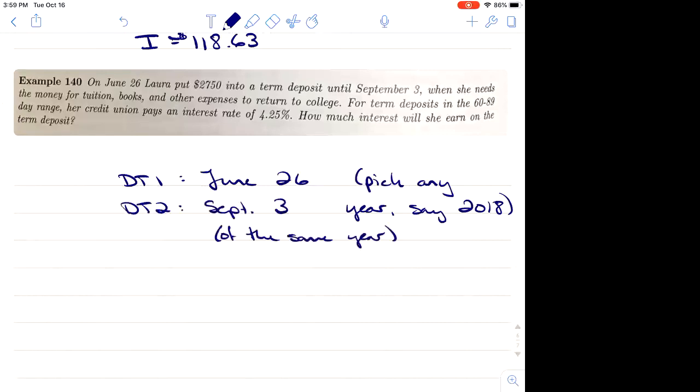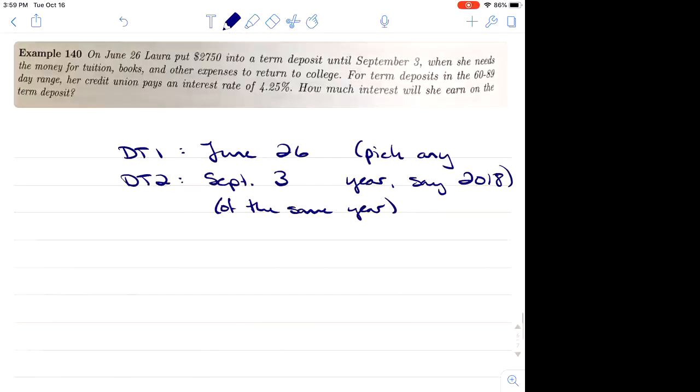So whatever year you pick should be the same. And the principal amount that she invested was $2,750. And the rate that she's offered is 4.25%, or 0.0425.